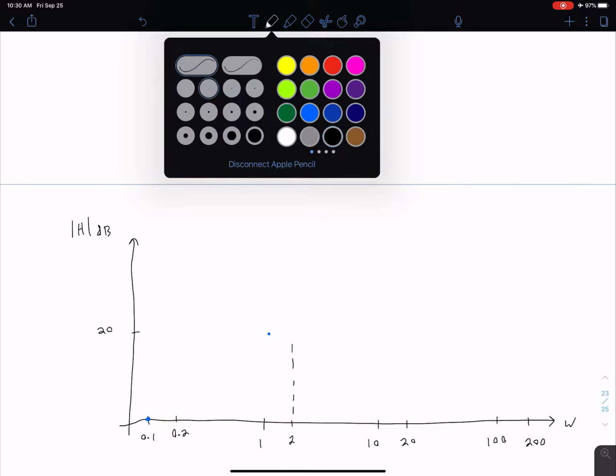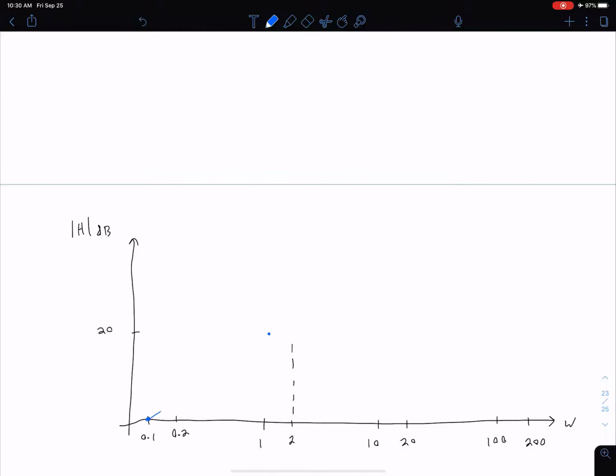So let me first increase this. We have some linear 20 dB per decade increase here, until we reach our frequency of 2, at which point our positive 20 dB per decade and our negative 20 dB per decade cancel out and we don't have any slope.